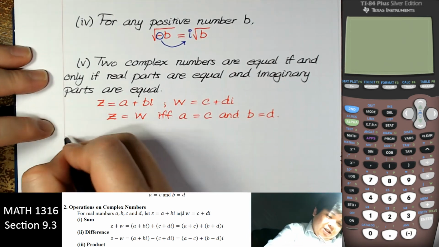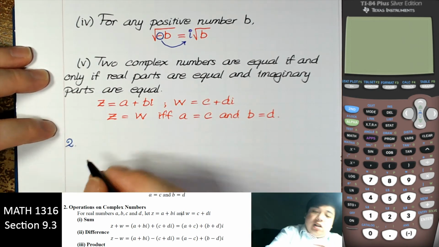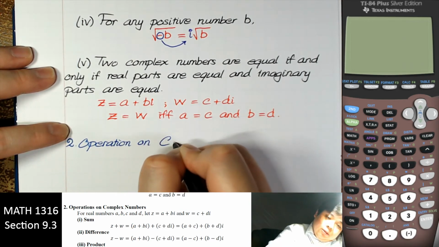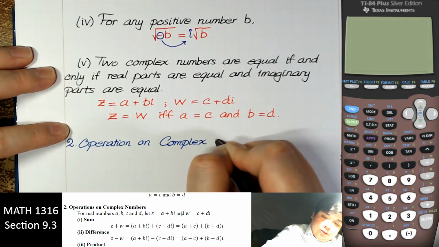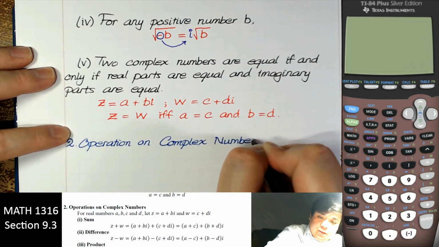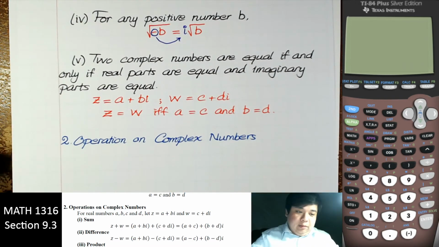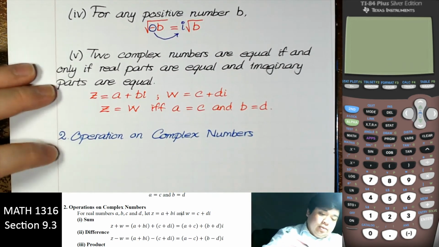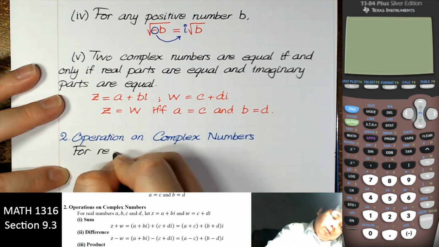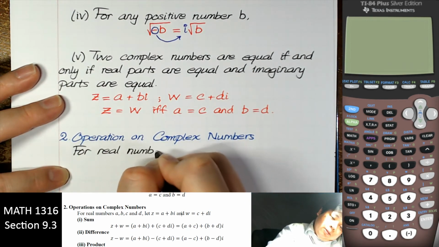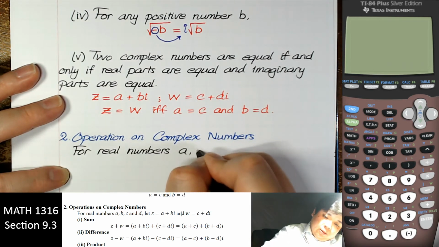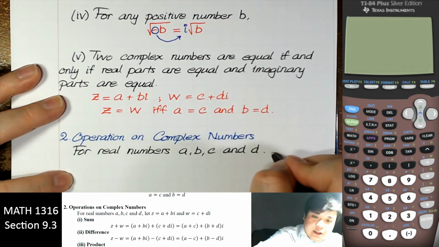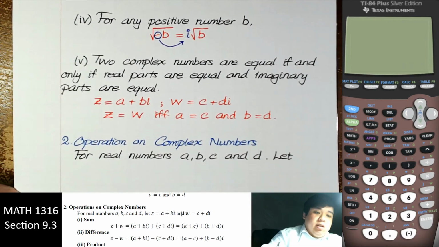Next, operations on complex numbers. For real numbers a, b, c, and d, let's say we have two complex numbers.